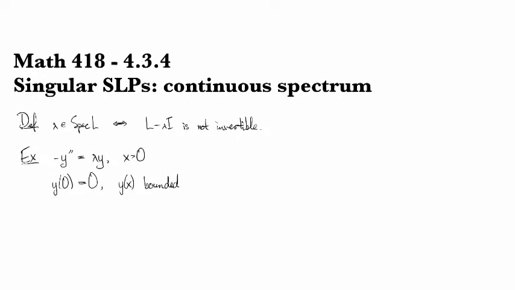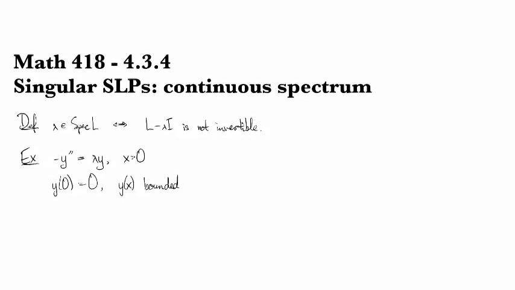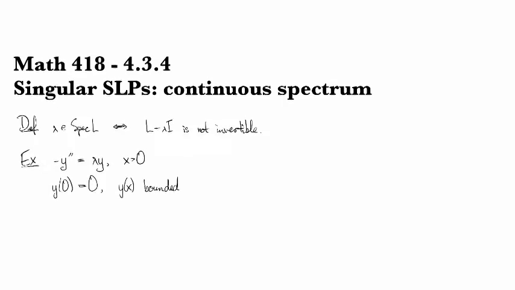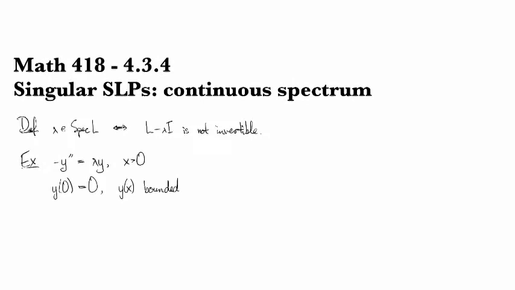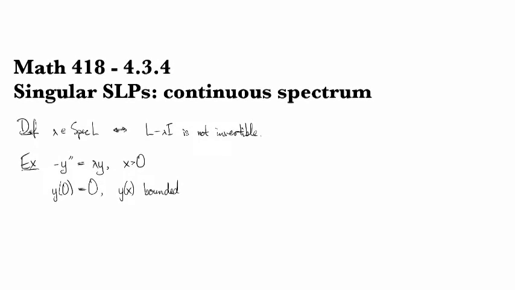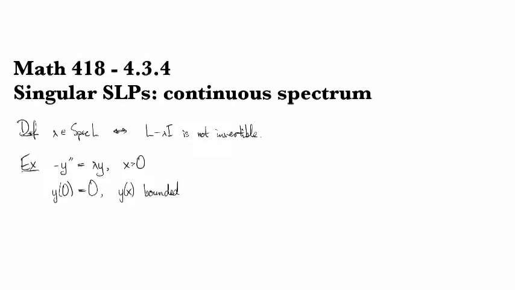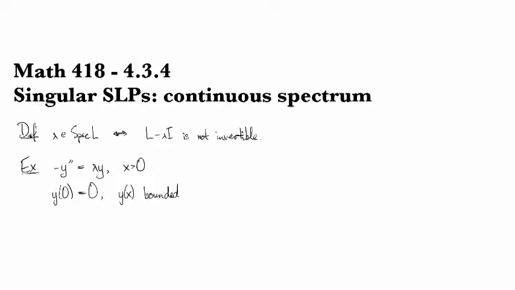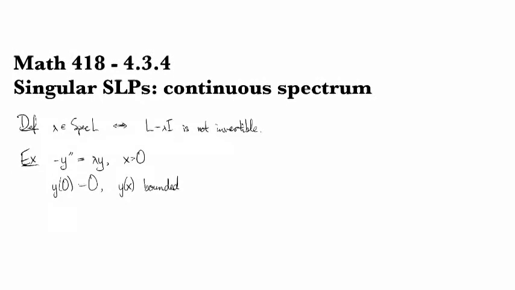But as we've seen in several examples, the eigenvalues appear as a sequence of separated values, right? So this is what I meant by discrete, nothing between them. In this case, we'll look at an example where the spectrum is continuous. So there's a whole continuous spectrum of eigenvalues for this particular problem here.